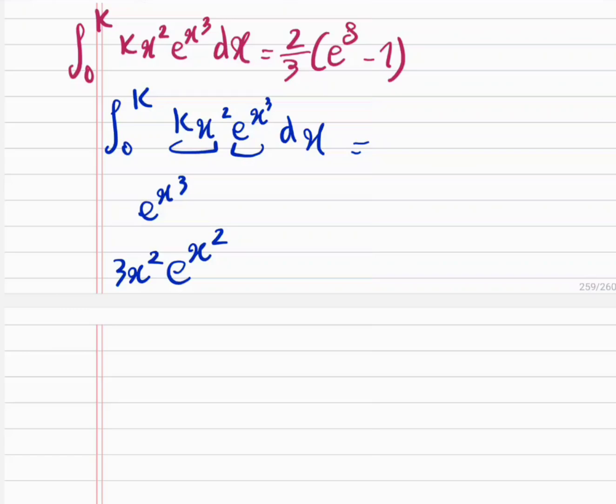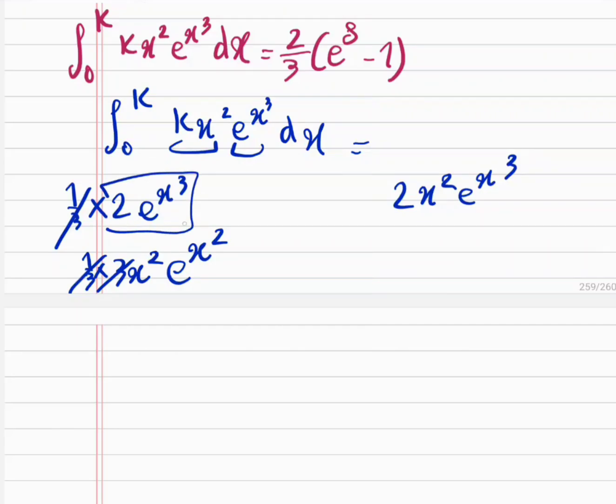Let's say k is 2, so the actual function is 2x squared e to the power x cubed. In terms of the adjustments, obviously we need to include 2 here for the answer of the integration, and then also a constant of 1/3, because when you differentiate, you get this 3 here. So if you have 1/3, they cancel out, and finally you will just be left with 2x squared e to the x cubed, which is exactly what we want.